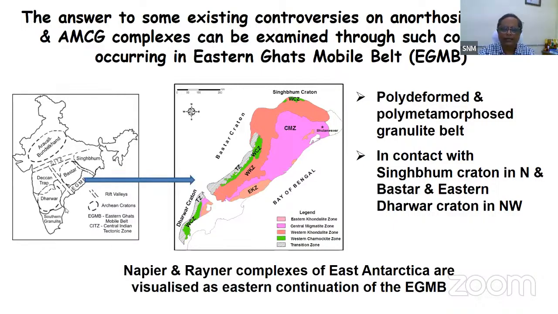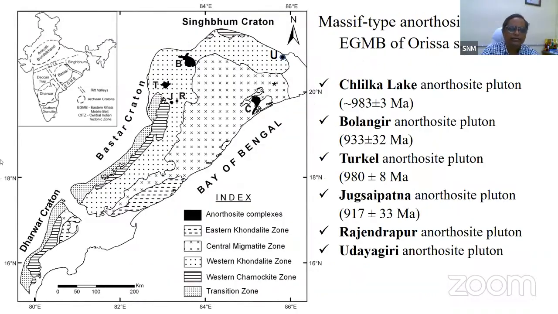In the Eastern Ghats, the anorthosite rocks are located at these places: at Chilika Lake, one at Bolangir, another at Turkel, another at Jugsai Patna, very close to it Rajendra Nagar, then another at Udayagiri.